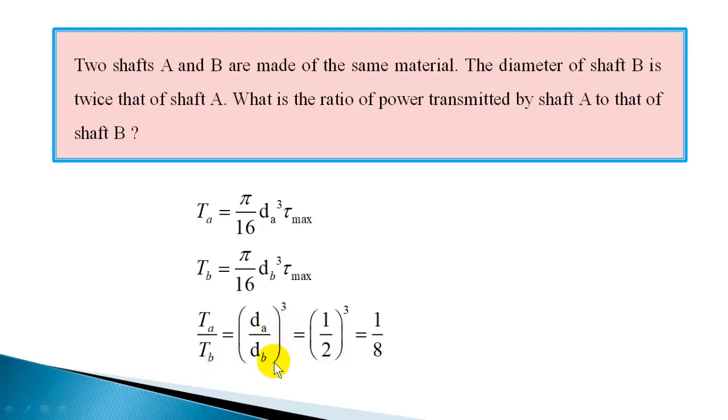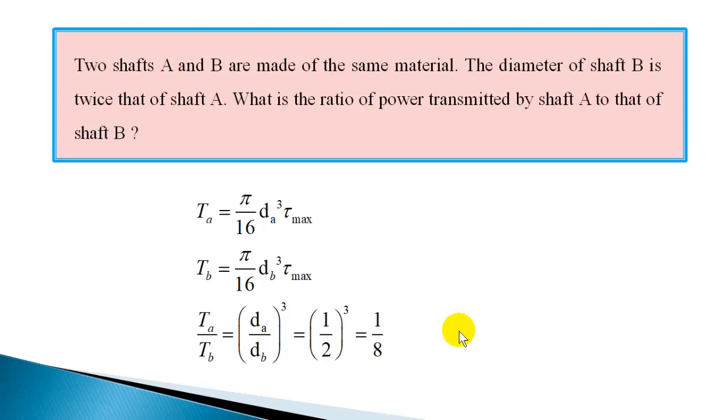So now dA by dB: we know the diameter of B is twice that of A. So dA by dB is 1 by 2 cube, or 1 by 8. So the ratio of power transmitted by shaft A to B is 1 by 8.